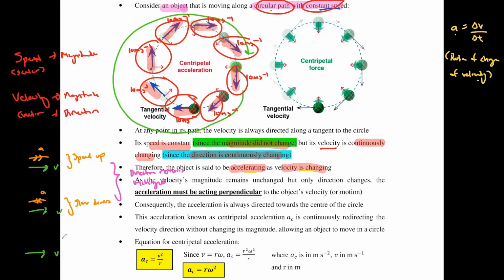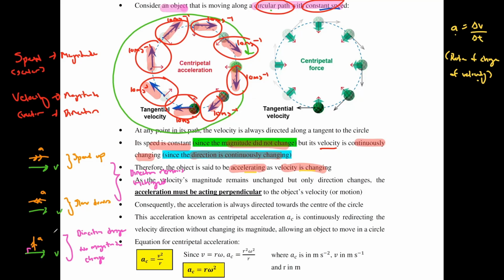Okay. Now, what if you have an acceleration that is perpendicular to your velocity? In this case, you will actually have direction change, but no magnitude change for the velocity.